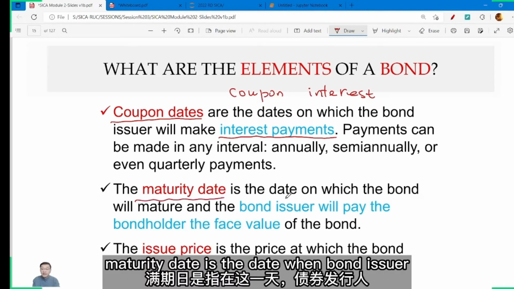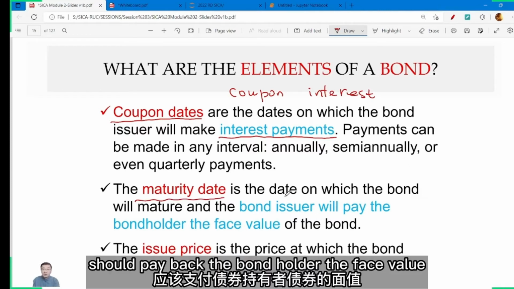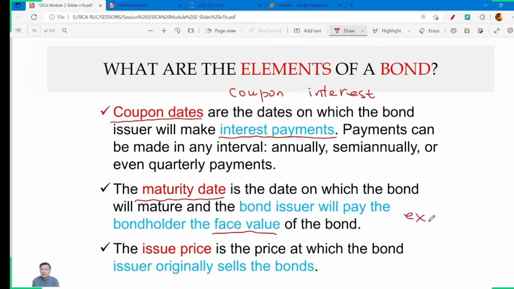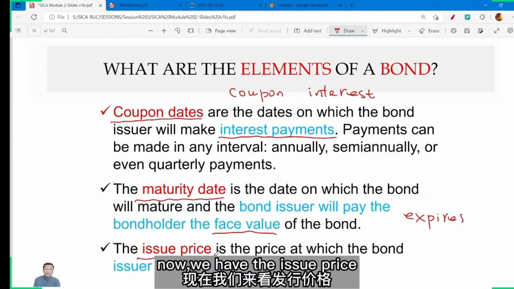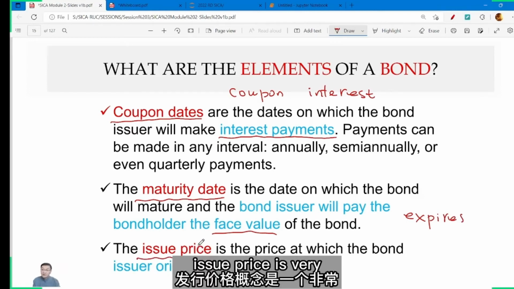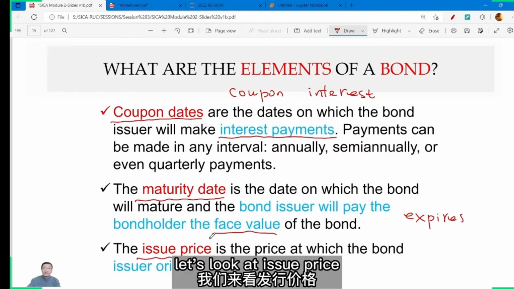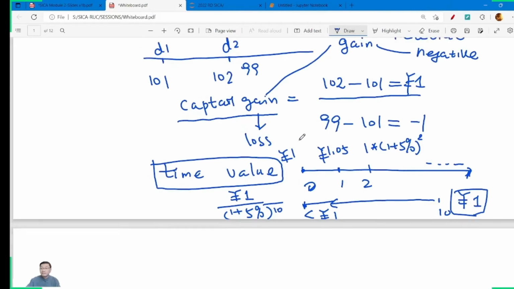Maturity date is the date when the bond issuer should pay back the bondholder the face value, and the bond expires. Now, we have the issue price. The issue price is very different from the other elements of a bond. Let's look at issue price.